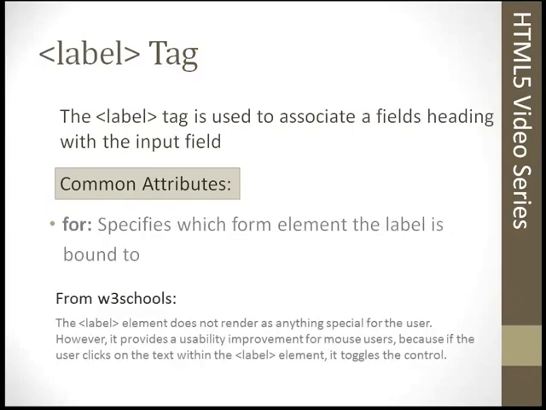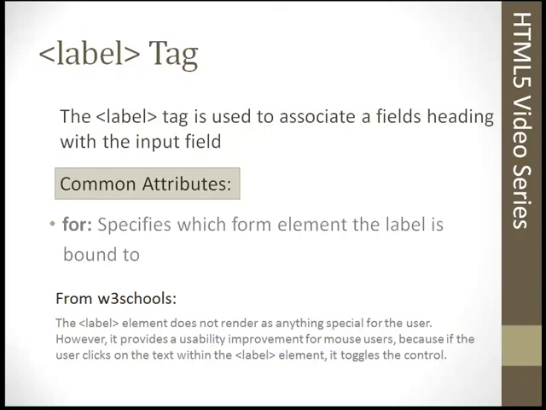Alright, so next we have the label tag, and the label tag is a form element, but it's not a user input element. It's used to associate a field's heading with the input field. So you might have something like first name, just the text first name, and then maybe the input tag directly after it. And what this will do, if you wrap that text in a label, it will associate that text with the input field.